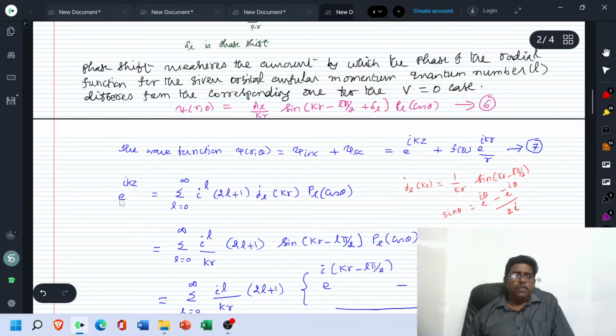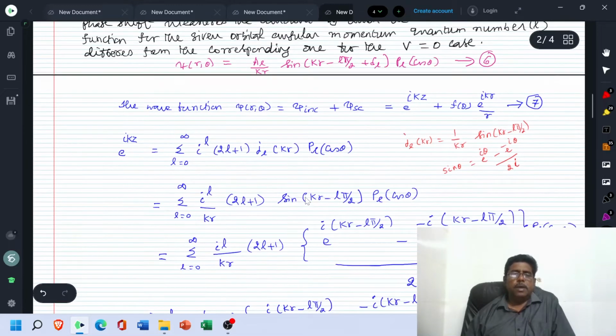Whereas the value of e^(ikz) is Σ i^L (2L+1) j_L(kr) P_L(cos θ). Now the value of j_L(kr) is 1 by kr into sin(kr − Lπ/2). So that is i^L (2L+1).